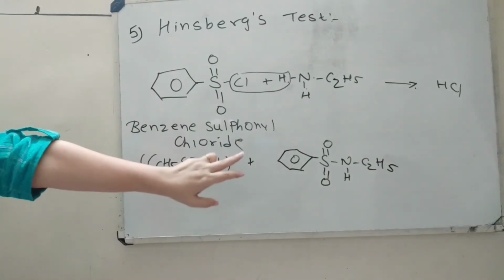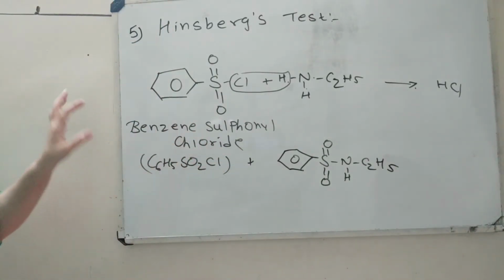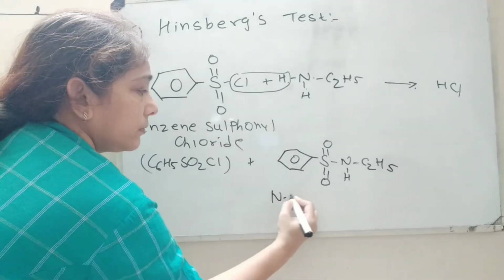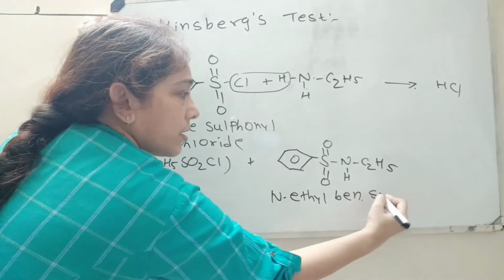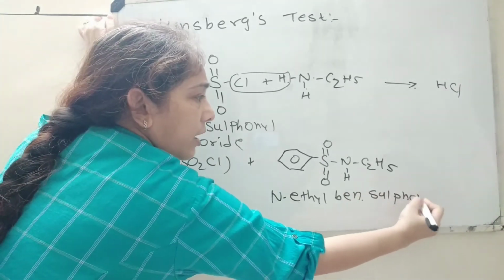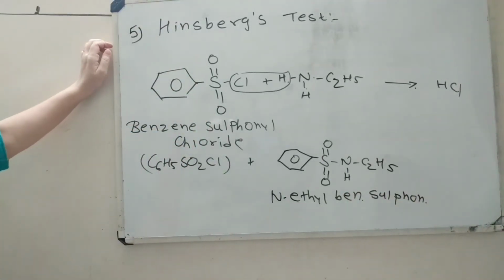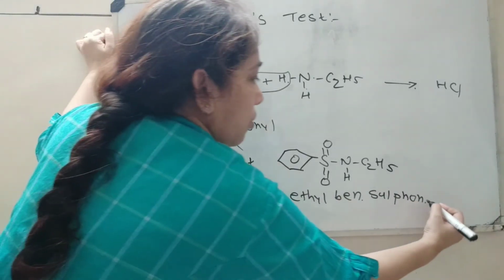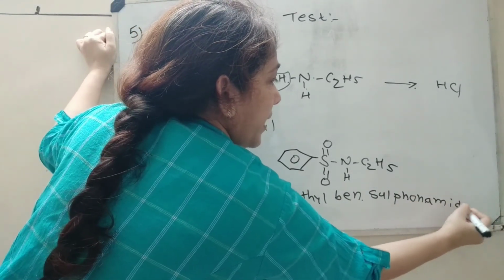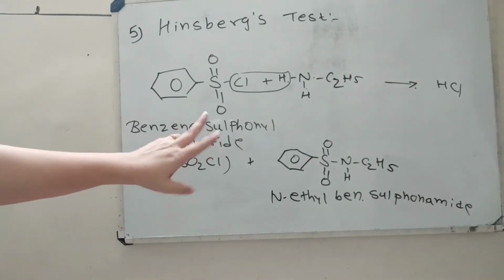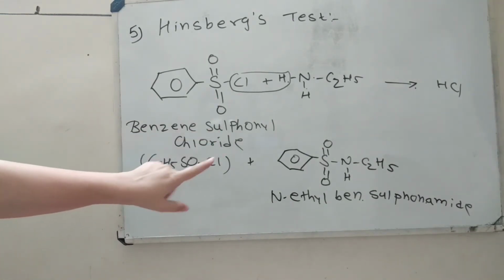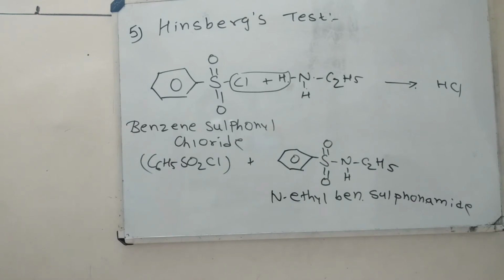And this is known as N-ethyl benzene sulfonamide, sulfonamide because it has the SO2 and the NH group. So it is known as a sulfonamide.